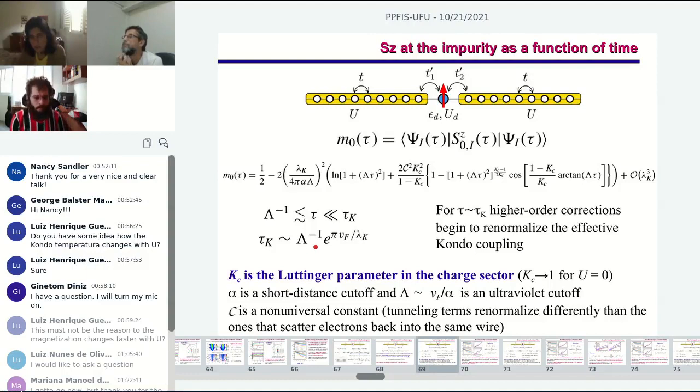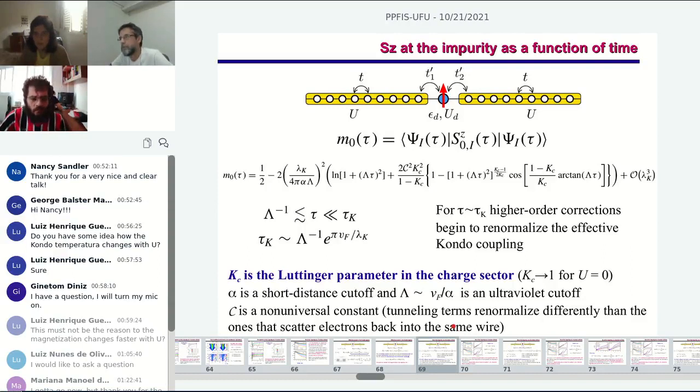According to this expression, this is the cutoff that we are using, because here it's a wire, so it's not the same expression as at higher dimensions for the Kondo temperature. In our calculation, we concluded that this lambda depends on U. But from the analytical point of view, maybe it's the paper that you cited. So this expression should give an idea of how it changes with U.